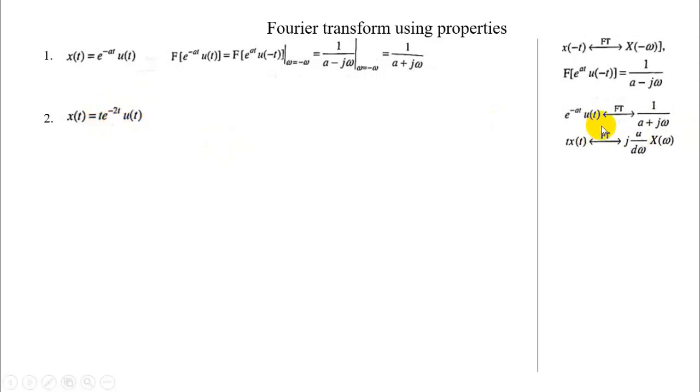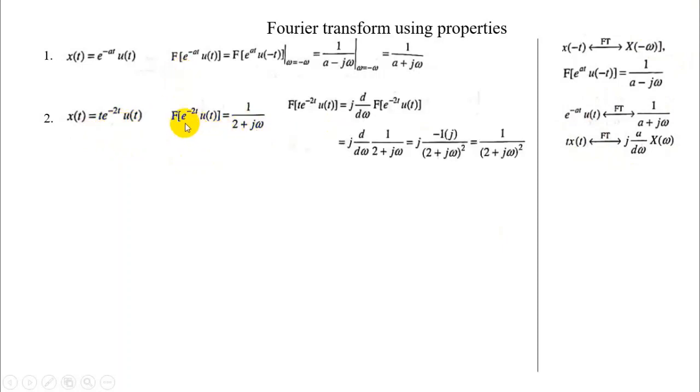I have tried saying this over and over again. You need to think and pause this video after seeing these two properties, and compare these functions.